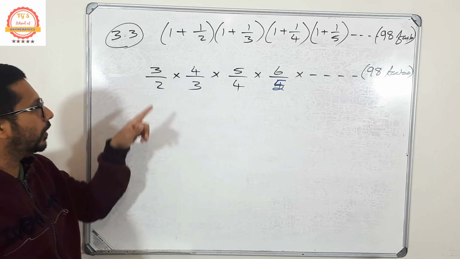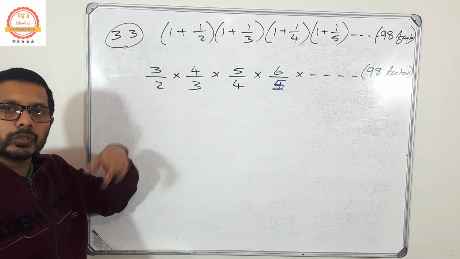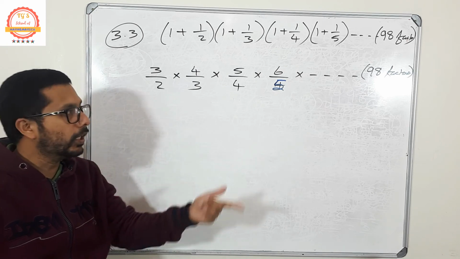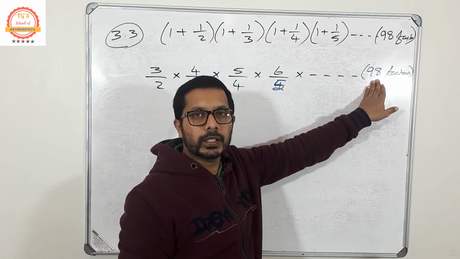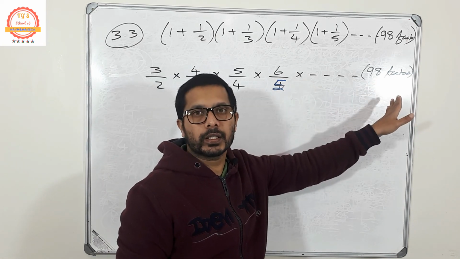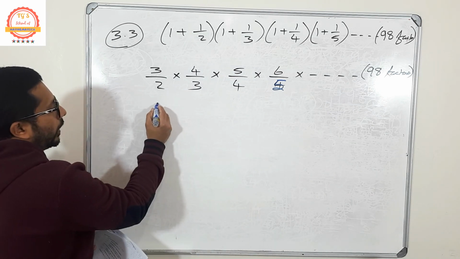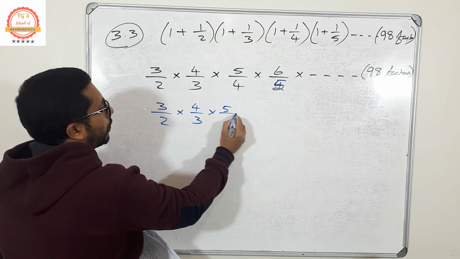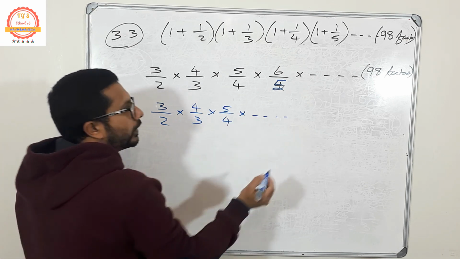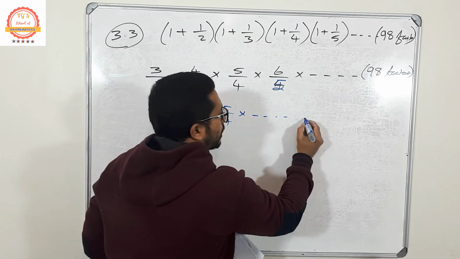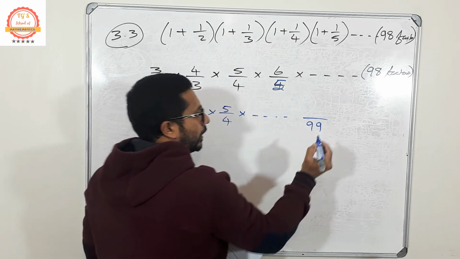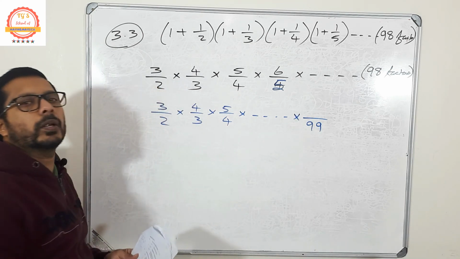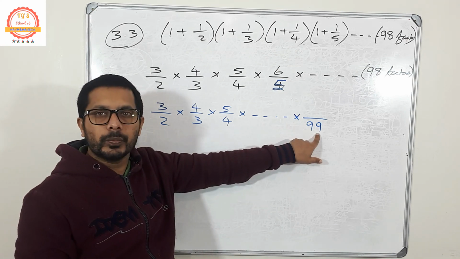So similarly, how many factors are there? 98 terms are there. So if I write one more step, 3 over 2 times 4 over 3 times 5 over 4 times etc. If there are 98 terms, what is in the denominator? 99. Is it not easy to understand? If there are 98 terms, the denominator is supposed to be 99.